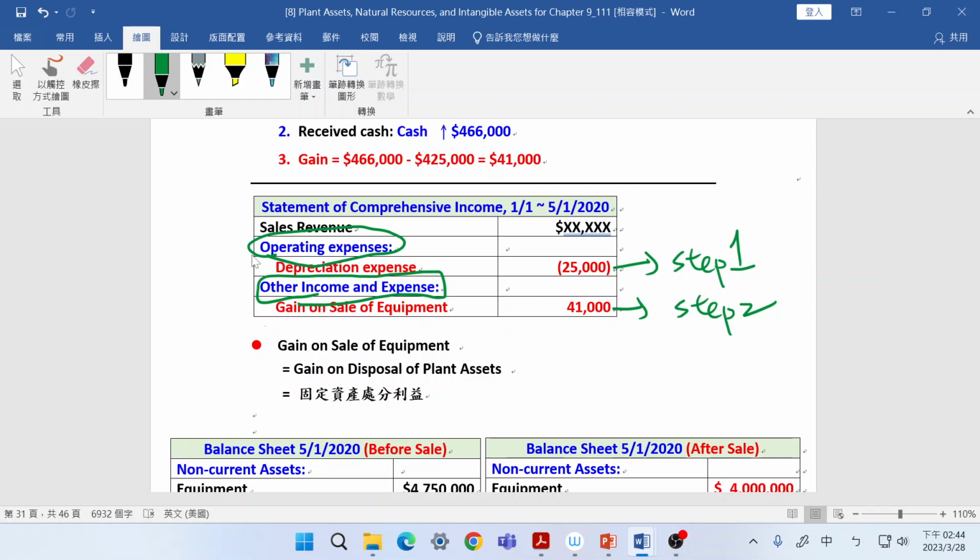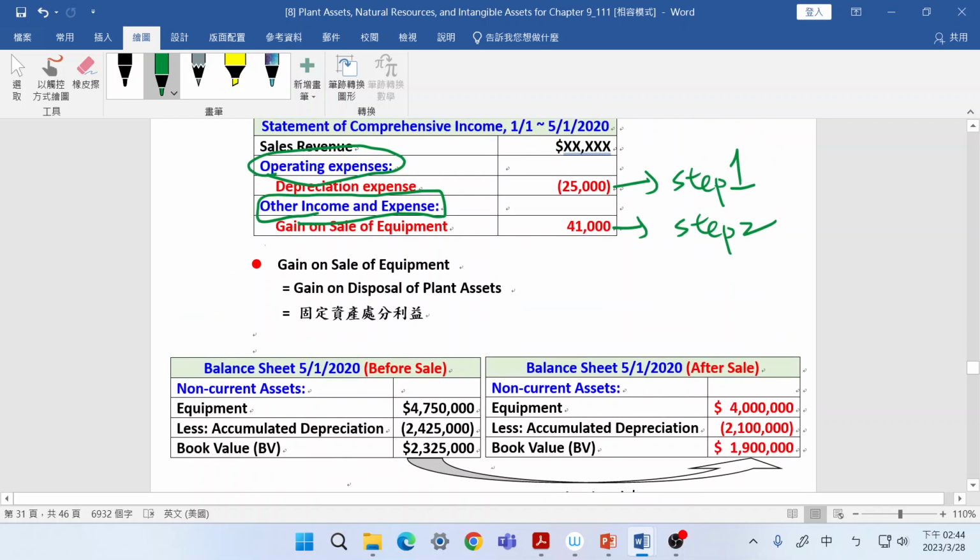Any questions? So just look at your journal entries. Copy the number to your financial statements. Okay? Then, how about your balance sheet? That's before the number you have.